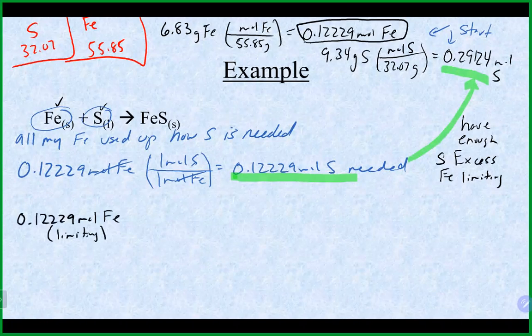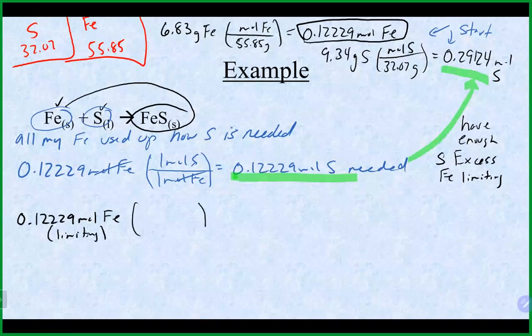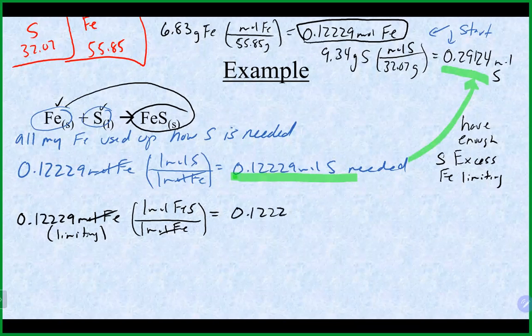We're now going to do the relationship between our limiting reagent and the product, which also happens to be a one-to-one relationship here. That makes it pretty simple. 1 mole of iron gives us 1 mole of our product. The moles of iron will cancel, giving us 0.12229 moles of our product.